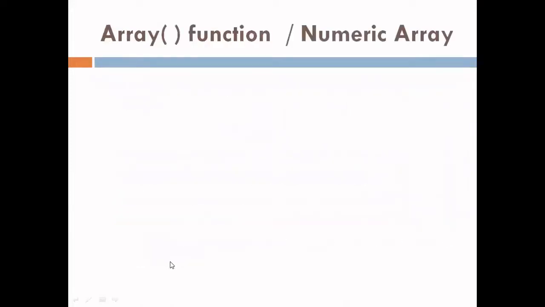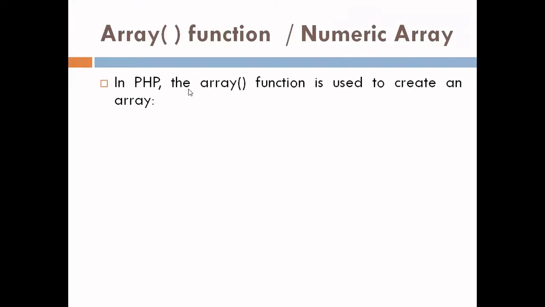Now, the array function and numerical array. How can we create a numeric array? In simple terms, a numeric array means an array whose index key is a numerical value. It is an array like those created in C or C++ language. In PHP, the array function is used to create an array.